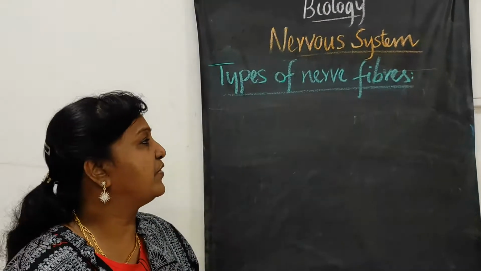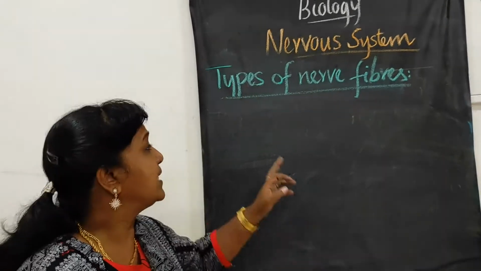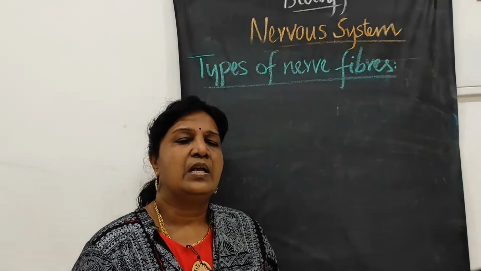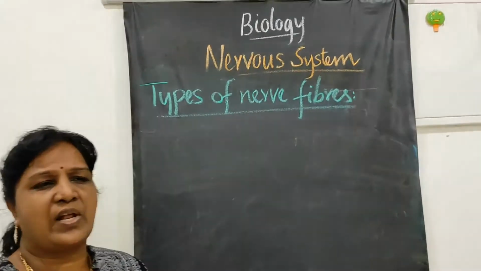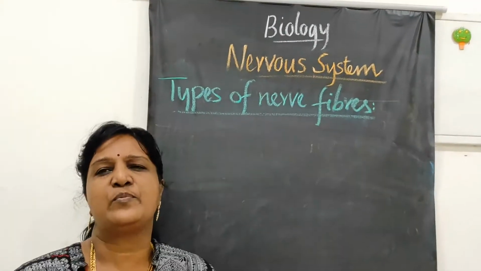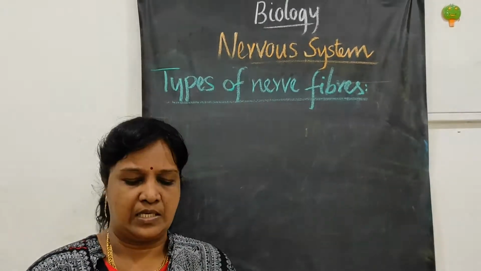And today in this video, we are going to see the types of nerve fibers. Nerve fibers are of two types based on the presence or absence of myelin sheath.